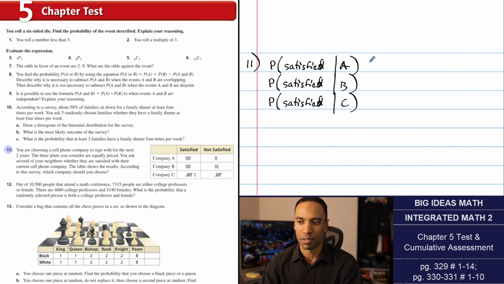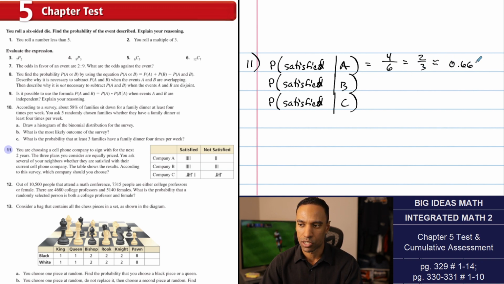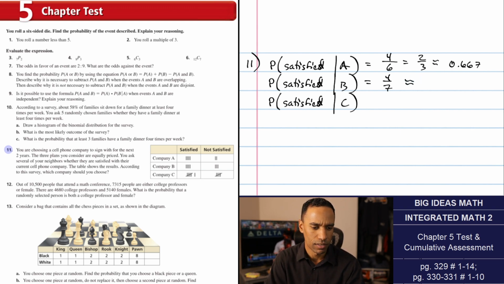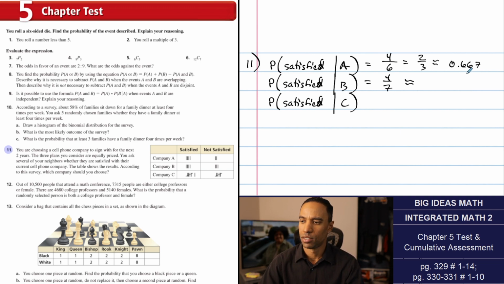So A, B, C. Satisfied given A, there are 4 that were satisfied in A out of 6 people total, which is 2/3, around 0.667. The next one, there are 4 satisfied out of 7 in total. 4 divided by 7 is 0.571.